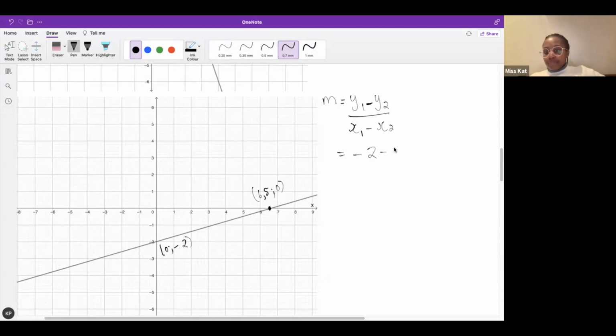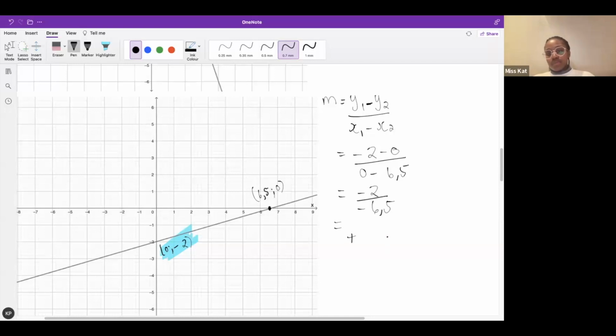And then over 6.5. No, they have to be the same coordinate. So if you use this one first, we have to use it first for both. Over 0 minus 6.5. So we have negative 2 minus 0, that would be negative 2 still, over 0 minus 6.5, that's negative 6.5. And then we divide negative 2 over negative 6.5.